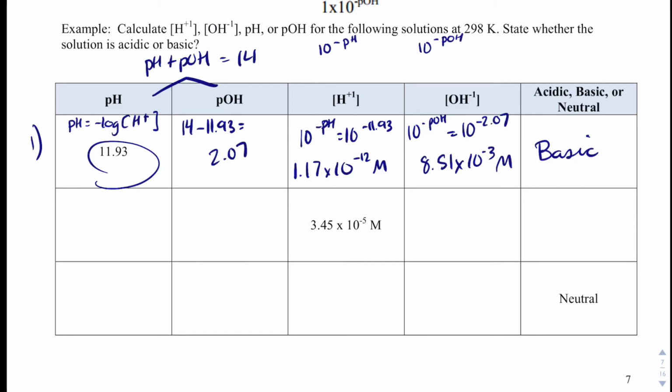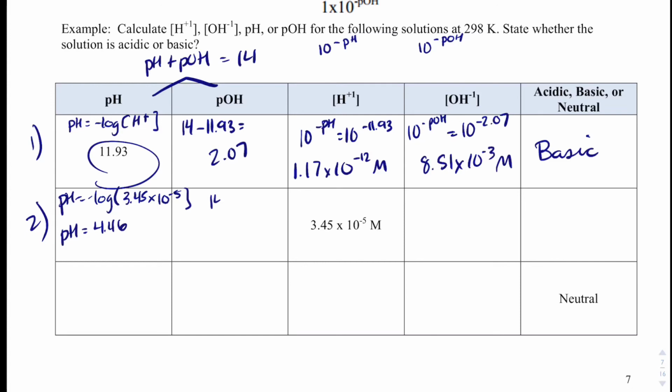Okay, so in number 2 here, I have my hydrogen ion concentration. The first thing I'd like to do is get to pH. So pH equals minus log of H plus, which is 3.45 times 10 to the minus 5. I know some of you can do this without a calculator, so you're welcome to do that. But when I plug this into my calculator, I get 4.46.